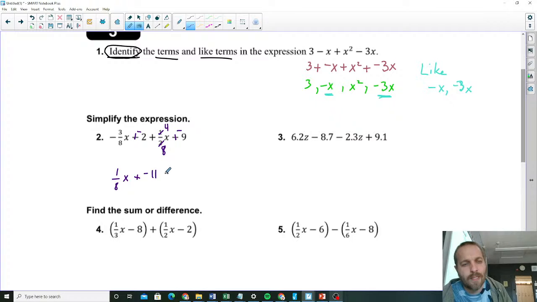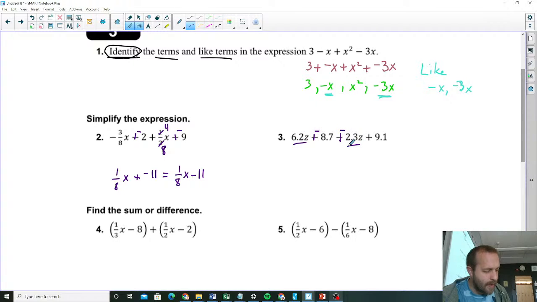But if you've been paying attention in class, this is good and all, but it's better to have 1/8 x minus 11. So in this next one, we've got plus a negative, and so we're just going to take care of the two z terms first.